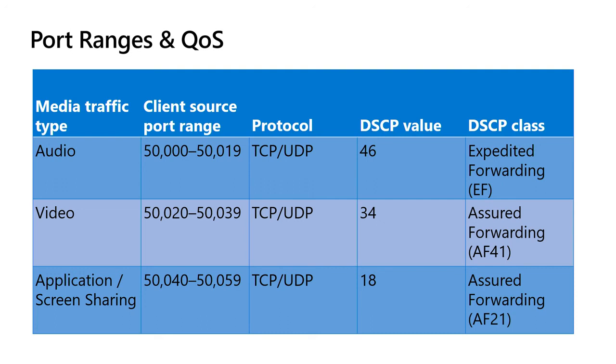So essentially, we have to look at the port ranges. If you customize the port ranges, you have to customize it in here as well, right? And it's both UDP and TCP, because we are going to use both. Of course, we prefer UDP for audio and video, and probably application sharing, but we can fall back to TCP if required, if something is blocked.